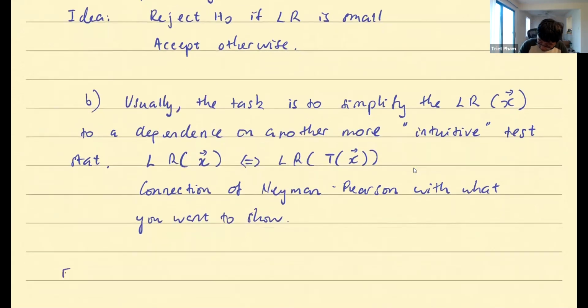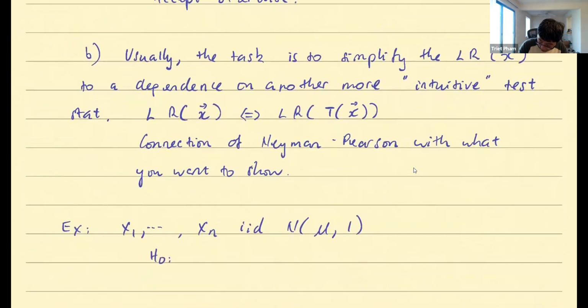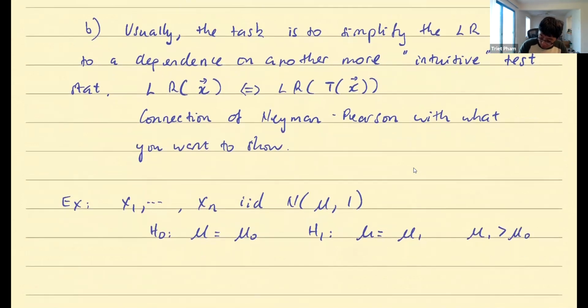For example, suppose you have X1 up to Xn, IID normal with mean mu, variance 1. And suppose the null is that mu equals mu naught. The alternative is mu equals mu1, bigger than mu naught. So your critical region is X bar bigger than or equal to k.